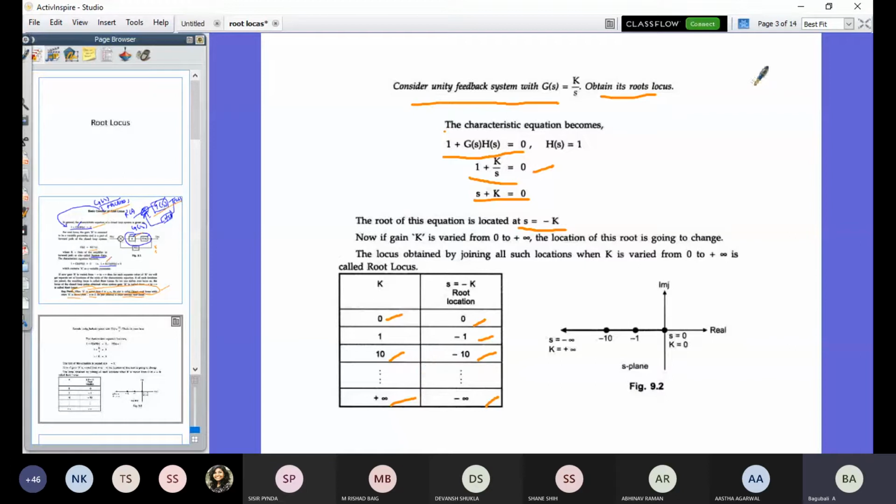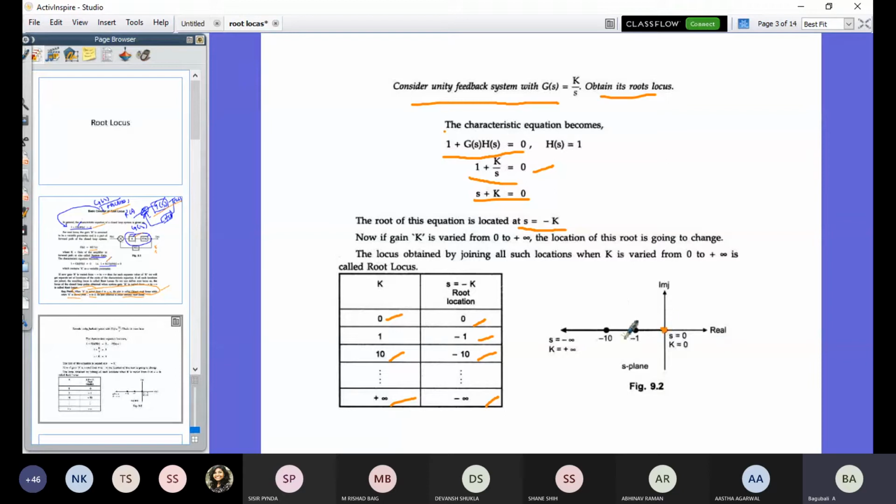Now you can go to that s plane and mark all the roots. You can always start with k equal to 0. K equal to 0 is called the open loop pole, always. So for k equal to 0, s is equal to 0, and you can mark it here.